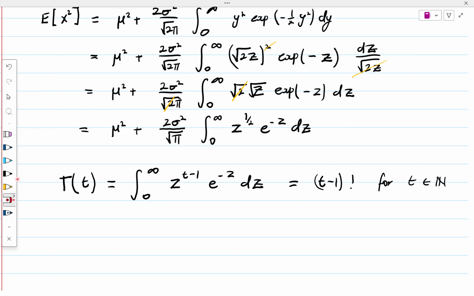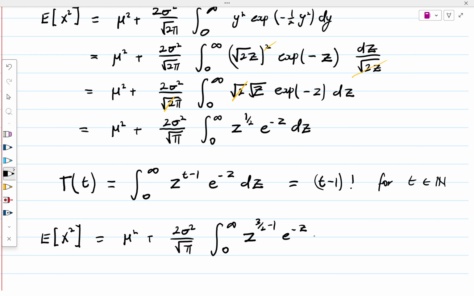So if, for example, I was to rewrite our expression above, mu squared plus 2 sigma squared on square root 2 pi, integral from 0 to infinity, instead of z to the half, I was to rewrite that as z to the 3 on 2 minus 1 e to the negative z dz.